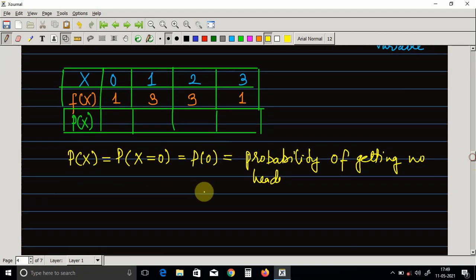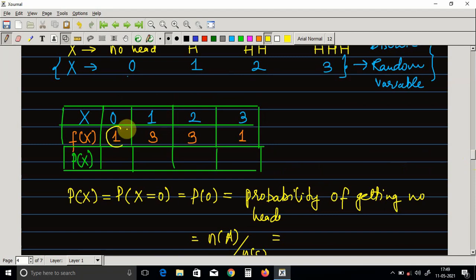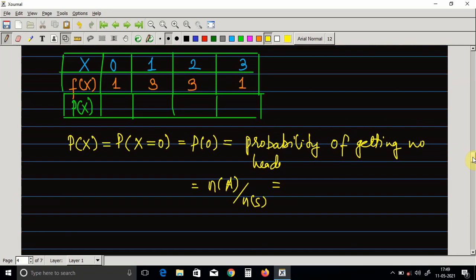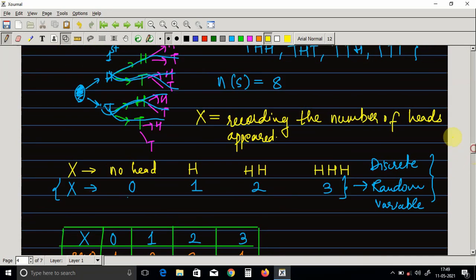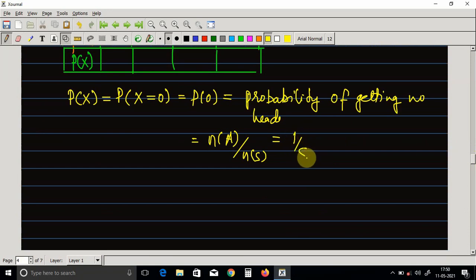So what's the formula for probability? N of A divided by N of S. What is the favorable outcome for this scenario? No heads. There is only one favorable outcome where there is no head, and I have mentioned it over here. This is that one favorable outcome. What is the total outcomes? 8. So it is 1 by 8.